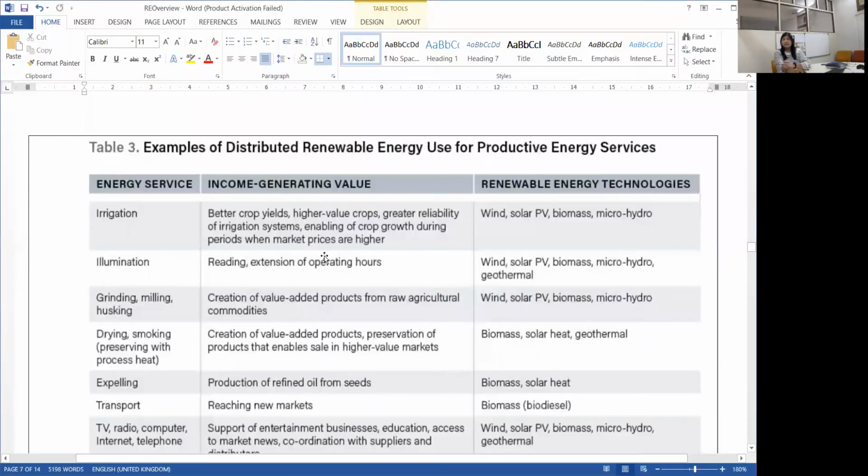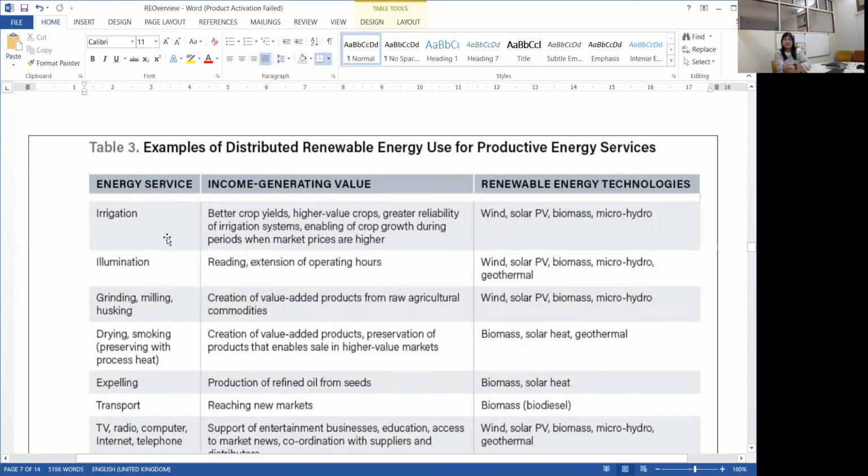So as you can see on my screen, this table explains clearly how DRE can help these areas to grow: irrigation, illumination, grinding, etc., and can help people to generate extra value or income from it.